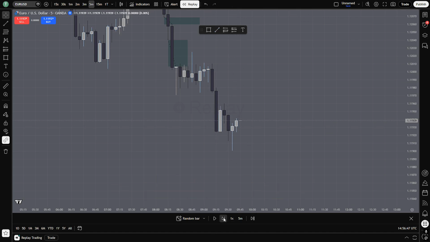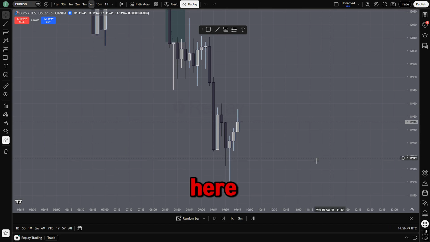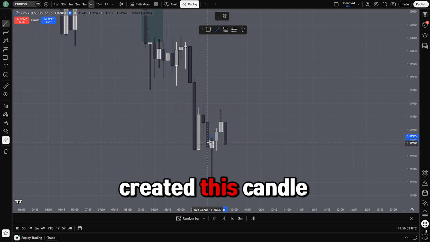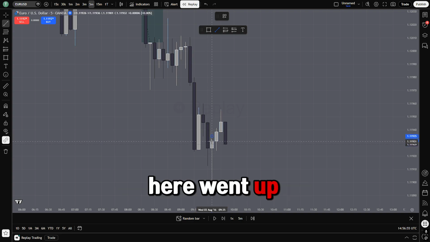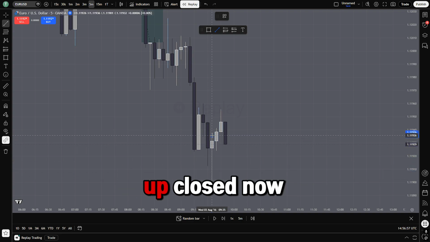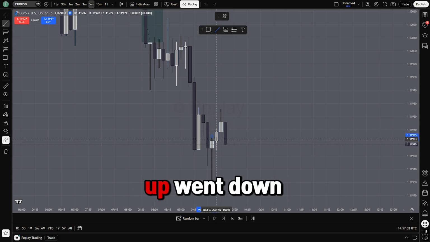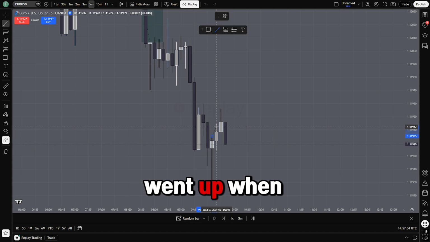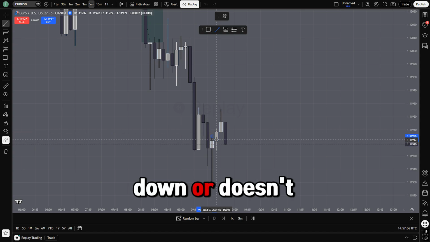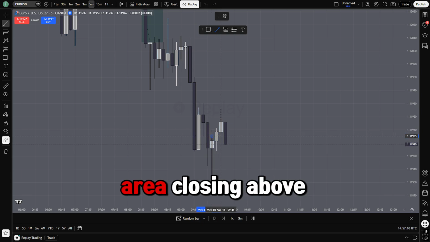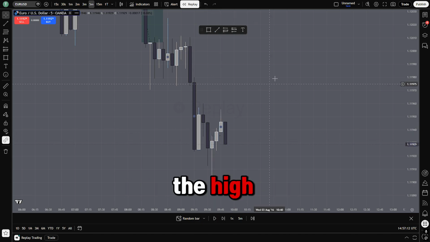So now we go again. Okay, what happened here? As you can see, guys, price created this candle, opened down here, went up, closed. Now next candle, what happened? It opened, went up, went down, went up, doesn't matter, closed here, closing above the high.